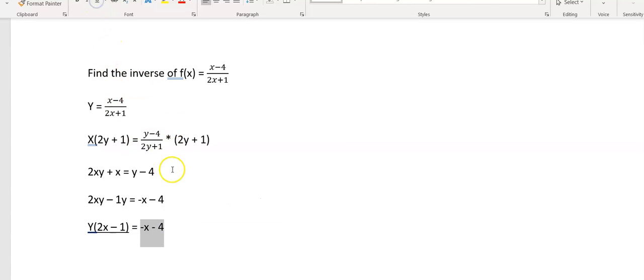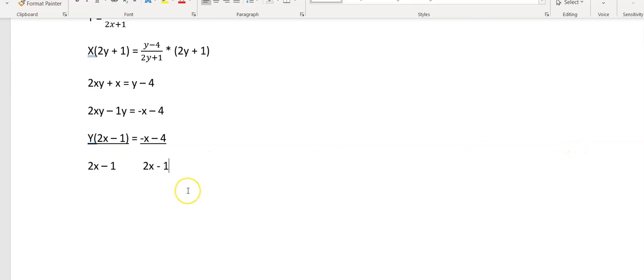When I do that, my actual inverse function is sitting on the right side now. Our 2x minus 1 will cancel out on the left, and we have y left on the left, but we want to change it in our final step to the f inverse notation.